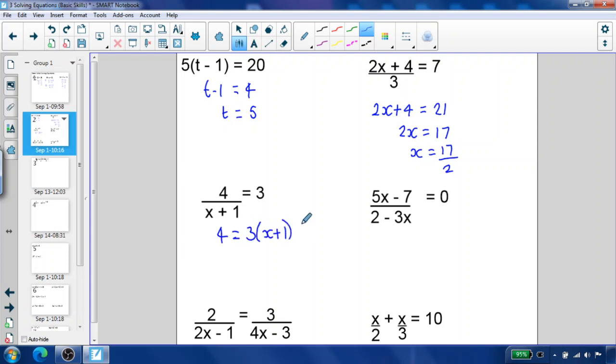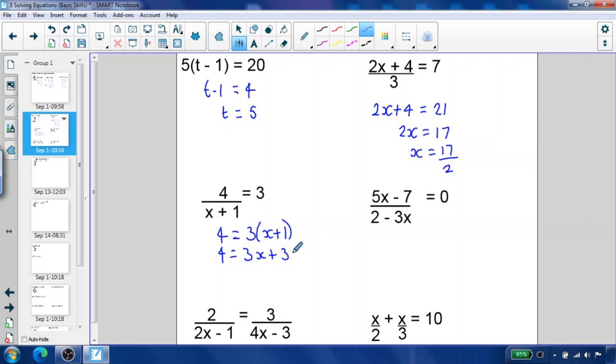I'm going to have to use the brackets here because I need to make sure that 3 will be multiplied by that expression. Now, we could look at the same process as we did here and not expand out, but we're going to get 4 over 3 and then it's going to be a little bit difficult to work with when we've got to move the 1. So I'm actually going to go ahead and expand that quickly.